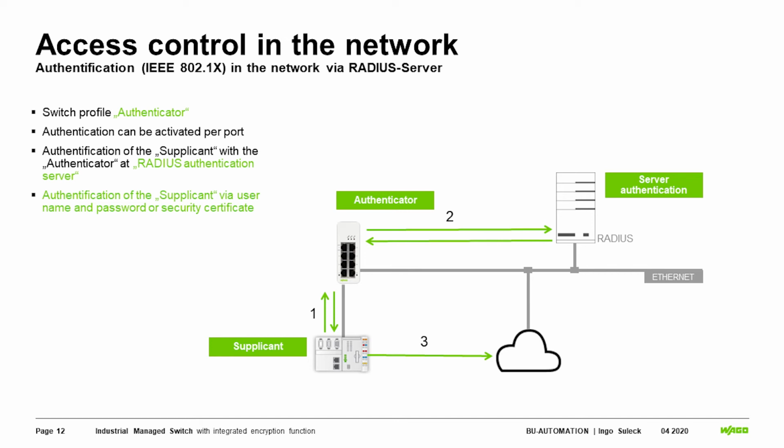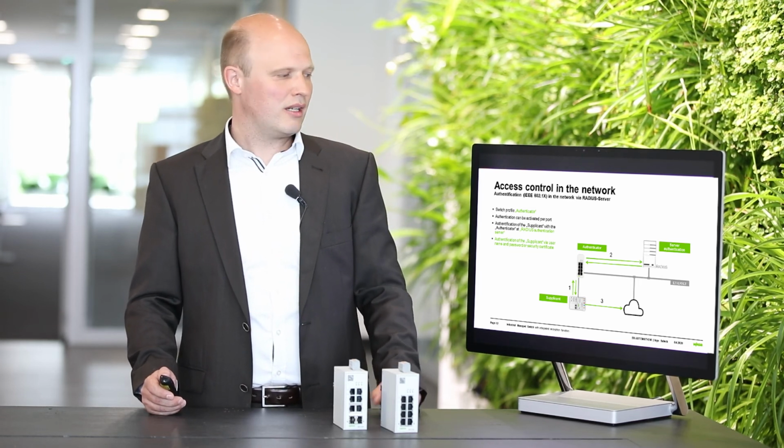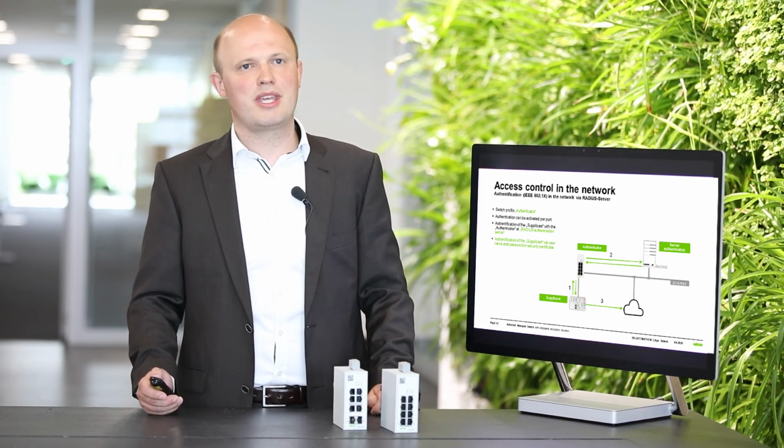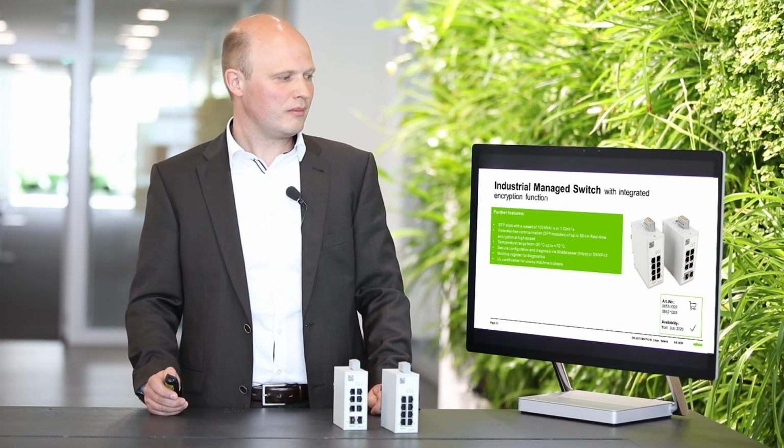Then the switch will ask the RADIUS server, is it allowed for the PLC to be a member in the network? If the RADIUS server says yes, then the PLC is allowed to be a member in the network. With this possibility, you raise the network security in your network.